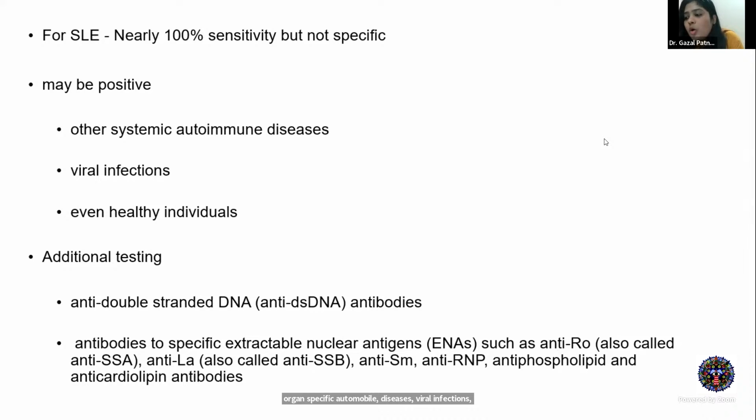Therefore, in a case of positive ANA, additional testing for anti-double-stranded DNA or anti-dsDNA is recommended, and other antibodies like anti-Ro and anti-La could also be tested.